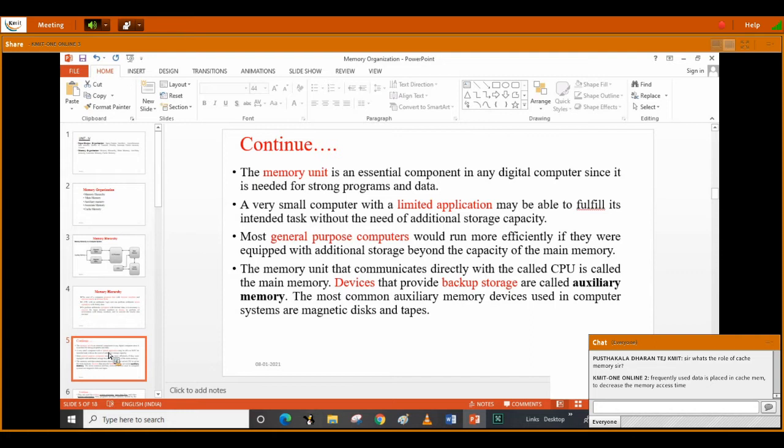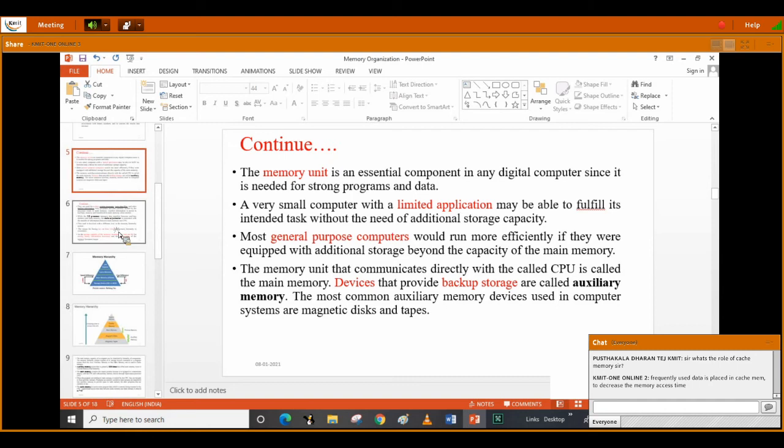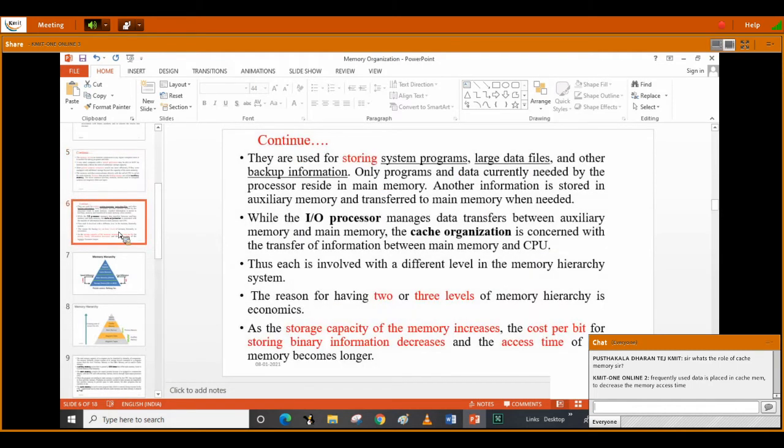The memory unit that communicates directly with the CPU is called main memory. The most common auxiliary memory devices used in computer systems are magnetic disks and tapes. They are used for storing system programs, large data files, and other backup information.